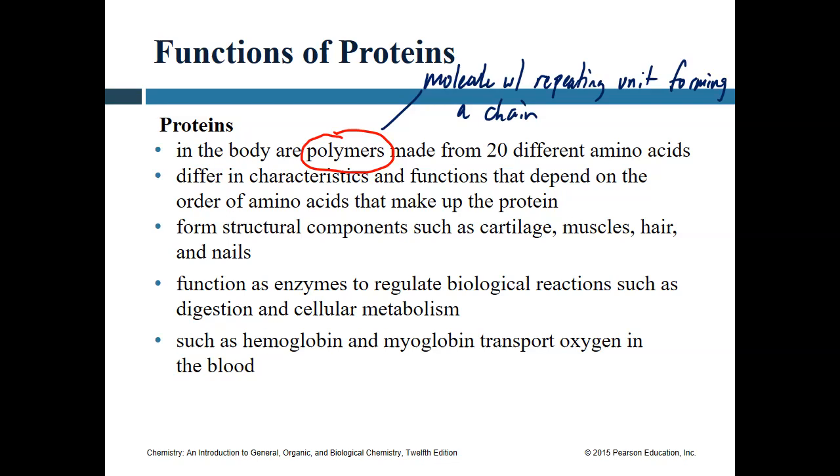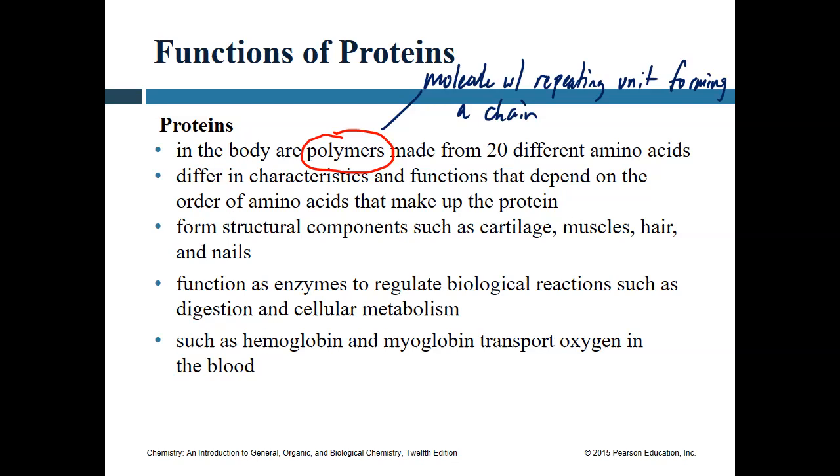With proteins, instead of glucose or fructose or galactose being those little chains, what we have instead are called amino acids. And there are 20 different amino acids that exist that can make up these polymer chains that we call proteins. Now, there are a variety of different characteristics that we can assign to different amino acids.